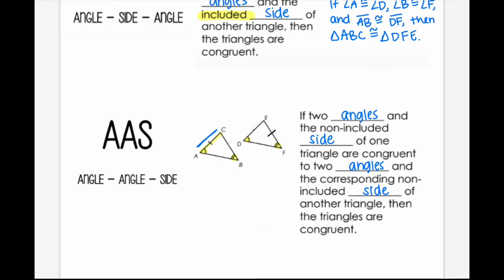Let's say this side EF was marked congruent, then side AC and side EF are not corresponding in this case. So it has to be the case that the sides are corresponding. So some key words here are corresponding, non-included side.